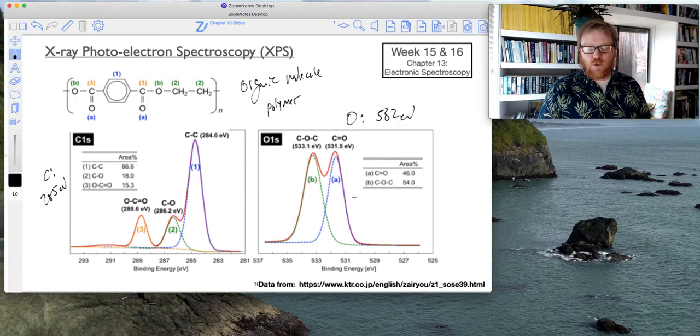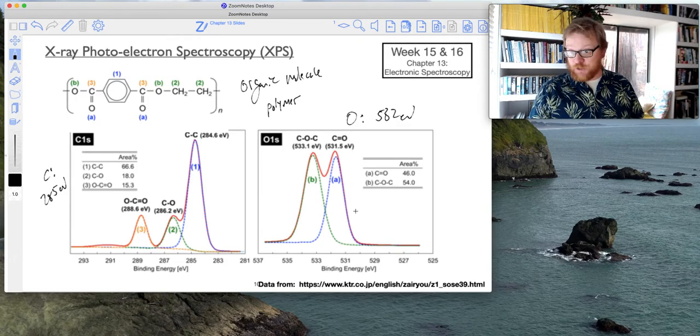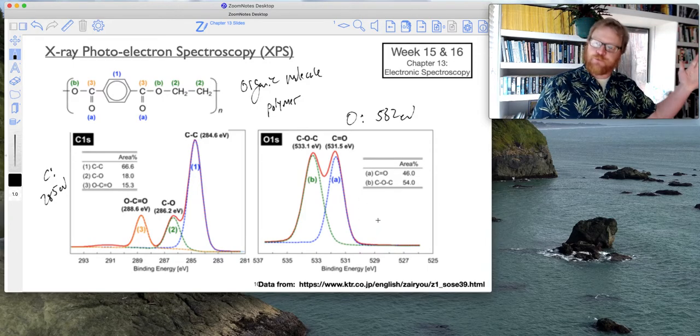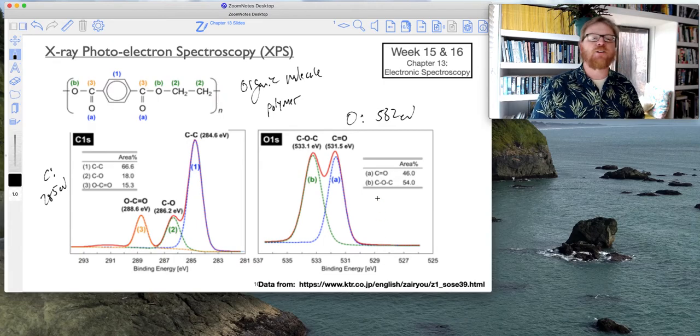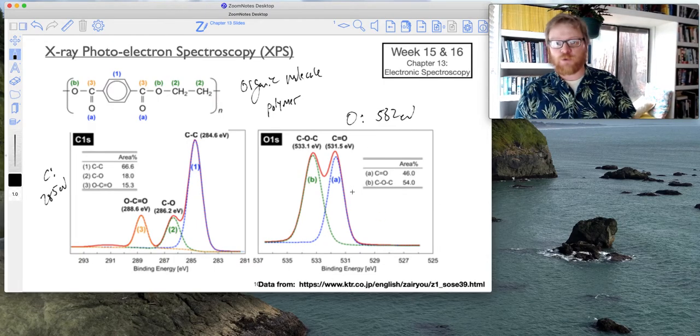So you see this quite often in literature where someone has taken the XPS of their new and interesting molecule they're trying to synthesize, and they've also done FTIR. The FTIR tells them what functional groups are present, and then from that, using the FTIR spectra, you can use the XPS spectra to confirm those results.